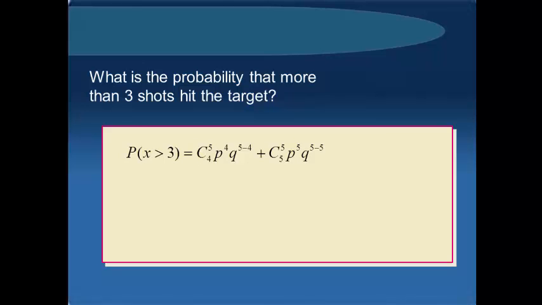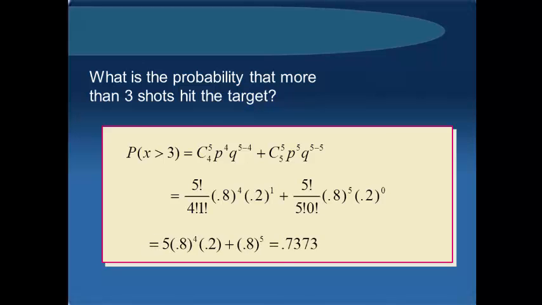The probability of x greater than 3 is equal to the combination of 5 taken 4 at a time times p raised to 4 times q raised to 5 minus 4, plus the combination of 5 taken 5 at a time times p raised to 5 times q raised to 5 minus 5, is equal to 0.7373.